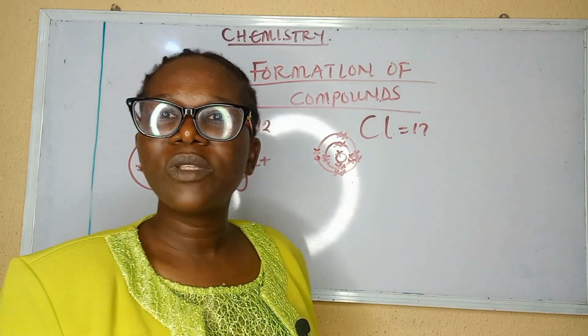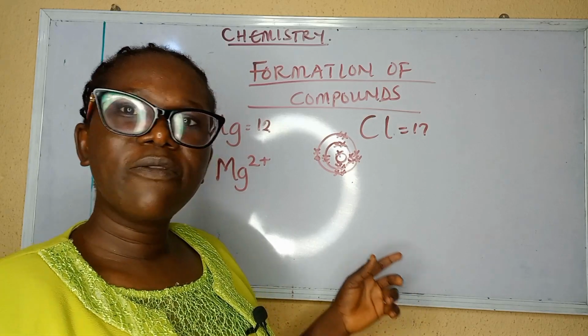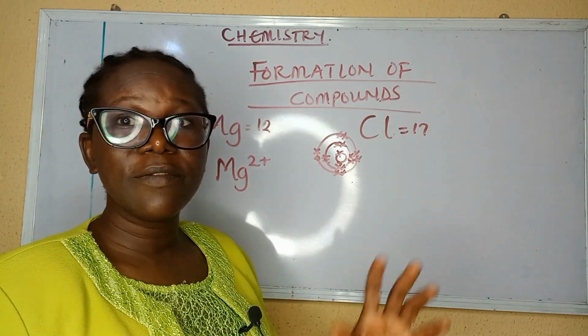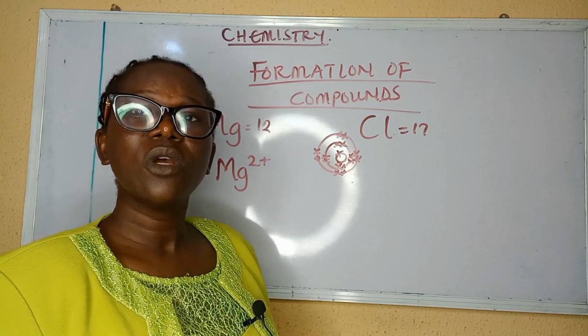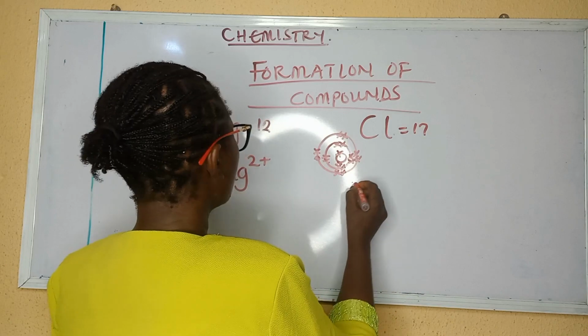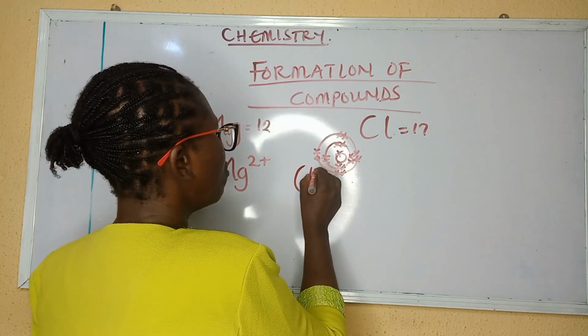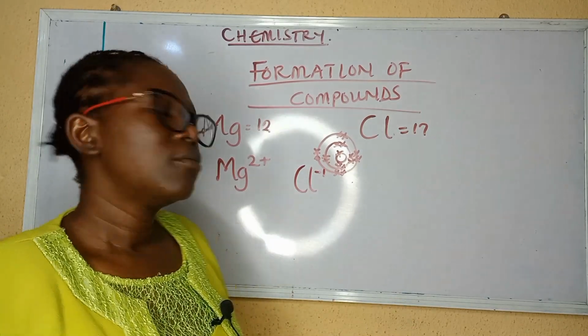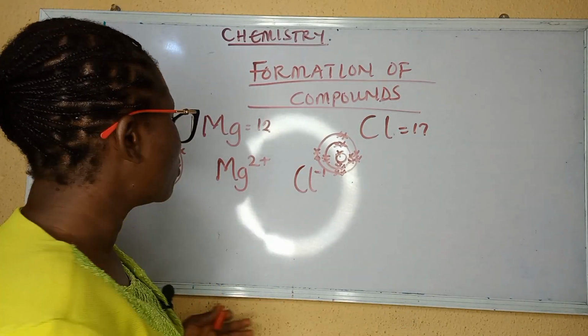Will it give out the 7 that it has on the last shell, or gain 1? I think it's easier gaining 1 than giving out or losing 7. So when such an element gains an electron, it becomes negatively charged. So chlorine becomes -1, which is mostly written as minus, because the 1 there is negligible, so we don't write it most times.